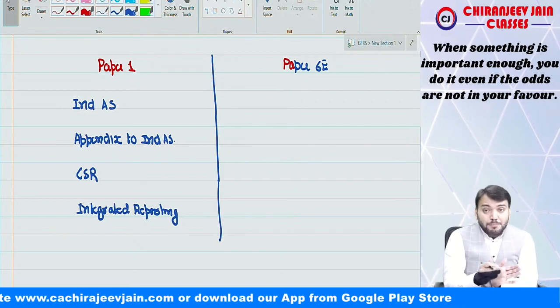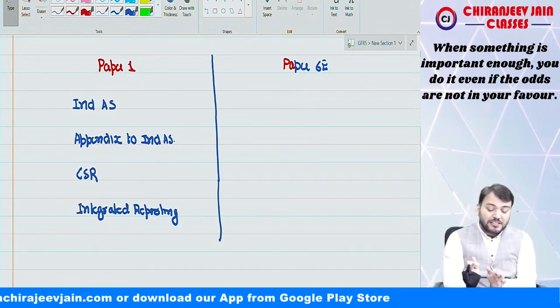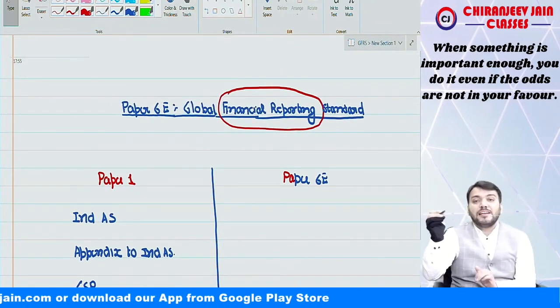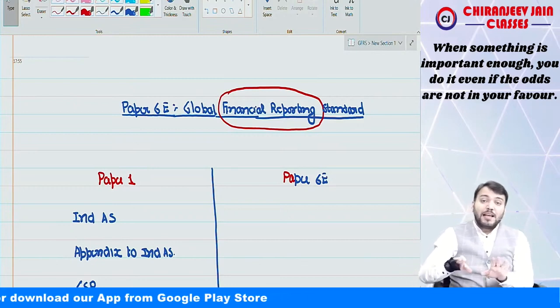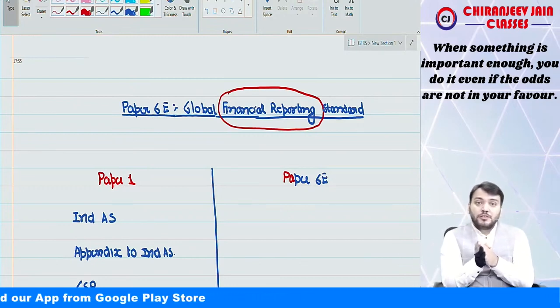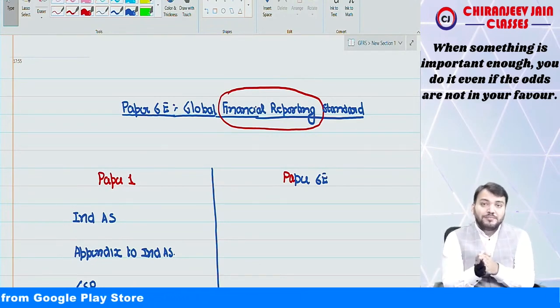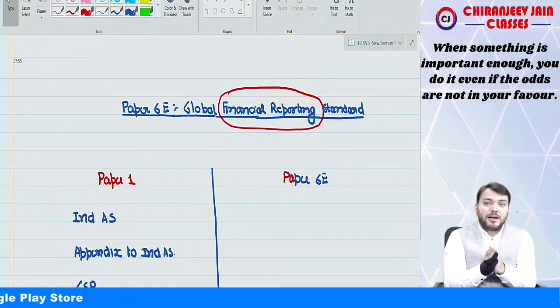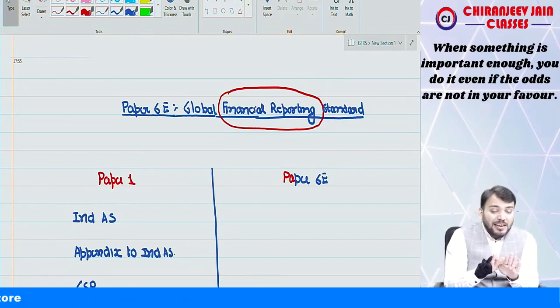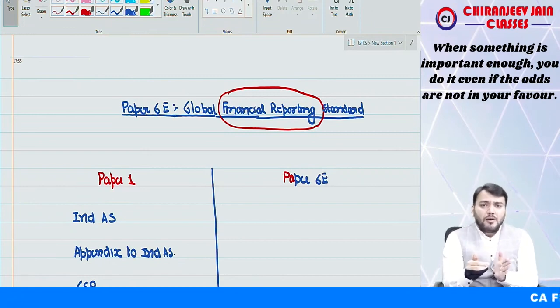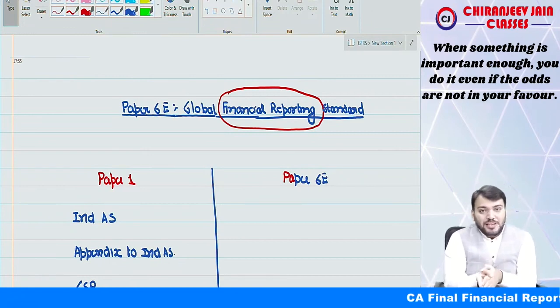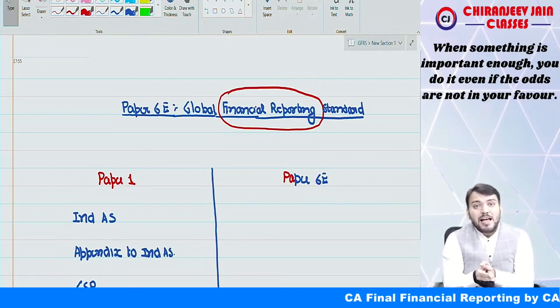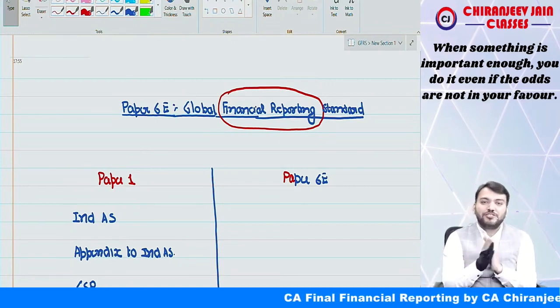Now when I come to paper 6E, the name is Global Financial Reporting Standard. When I say financial reporting, the financial reporting paper deals with the financial statements as far as India is concerned, meaning how to prepare financial statements for a company reporting as per the Indian Companies Act.